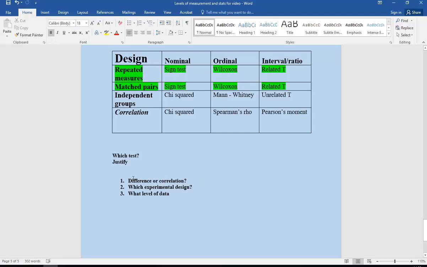Otherwise it's going to be looking at the difference between one condition and another. Then you justify it by saying which experimental design you're using: have you spotted whether it's repeated, matched, or independent? And then what level of data. Each time you need to justify: it's nominal because, it's ordinal because, it's interval because. And that is how you select your tests.